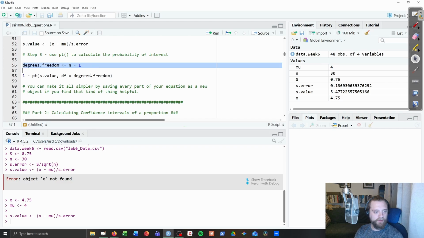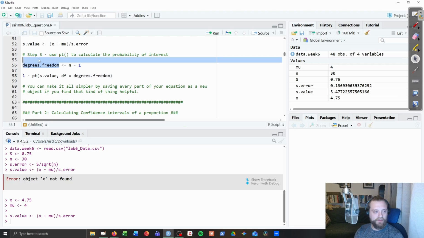The final thing we do then is we just plug this information into our new function for this week, which is pt, probability given the t distribution. Now there is one more thing we need for this, and that is what we call the degrees of freedom. And we'll talk about this later in the term, exactly what degrees of freedom are.